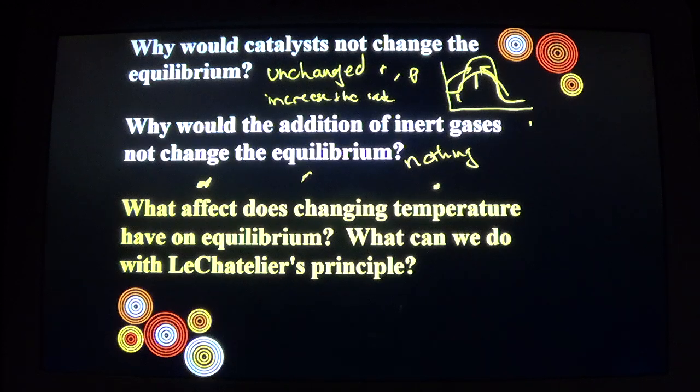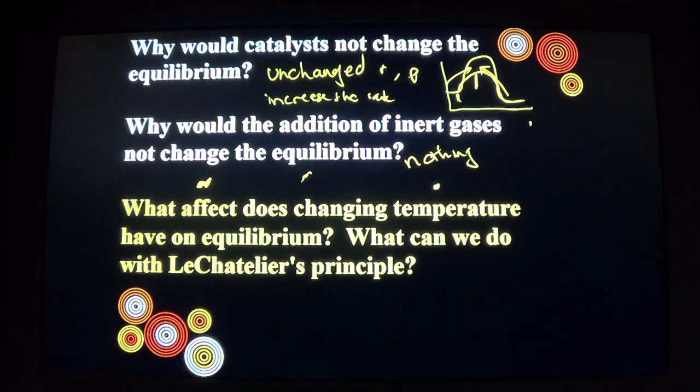Will that increase the pressure overall? Absolutely, but that's not a pressure increase that does anything to our reaction. The only pressure increase that matters would be to the reactants or products in the reaction, and most certainly an inert gas would never be in your reaction.